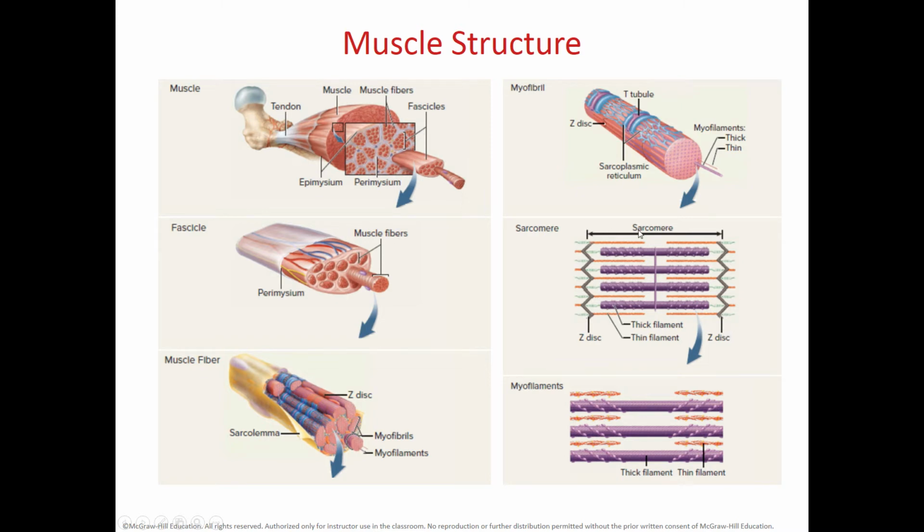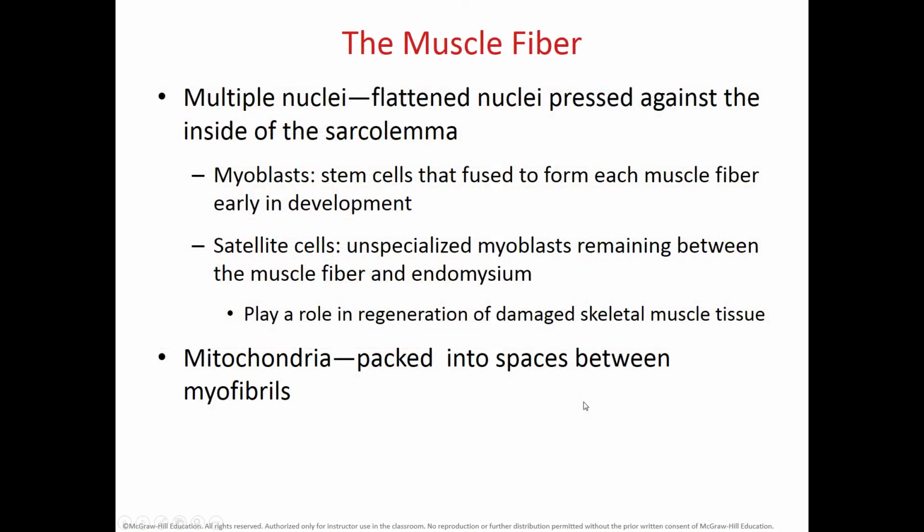And this sarcomere is what is considered the structural and functional unit of muscles. Inside these sarcomeres, we have alternating bands of thick filaments and thin filaments, which you can see here. The ones in purple are the thick filaments, and the ones in red are the thin filaments.